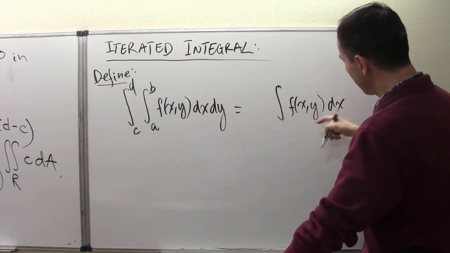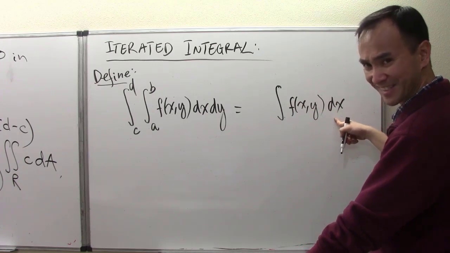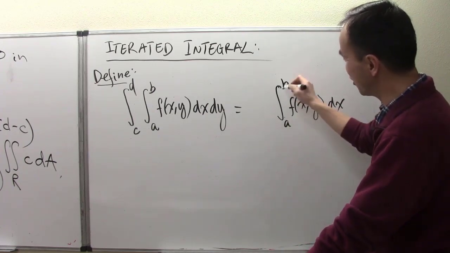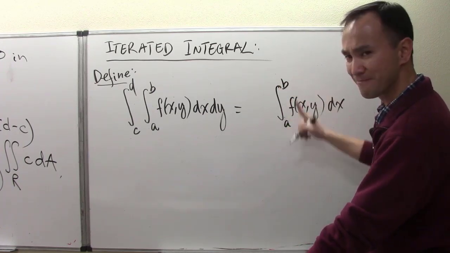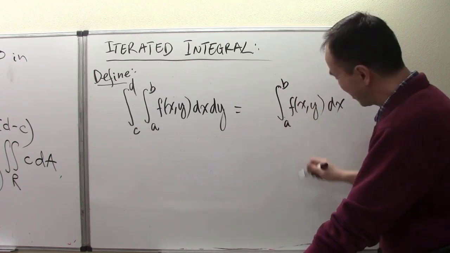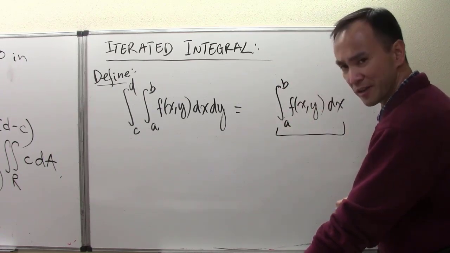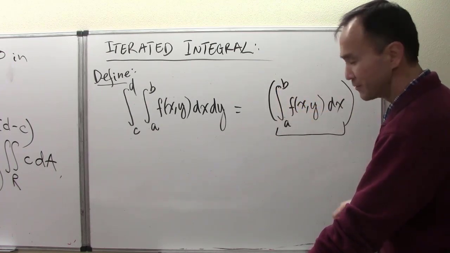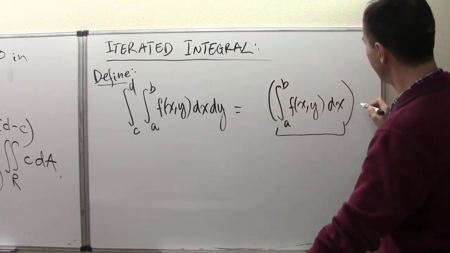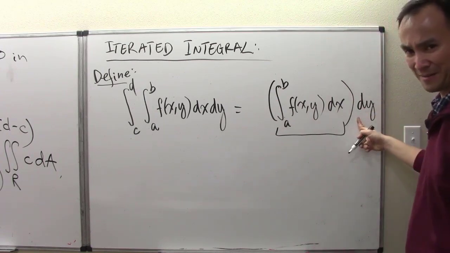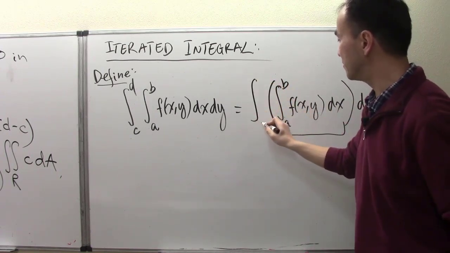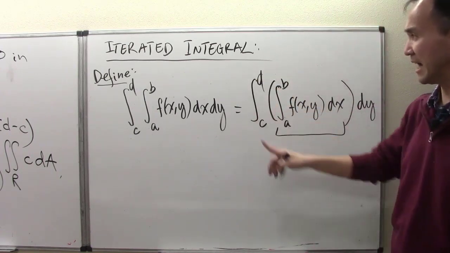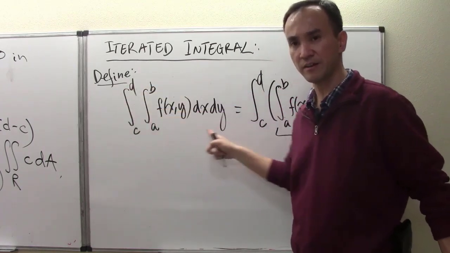I'm going to integrate with respect to x, which is why it goes along with the integral from a to b. So now it brings back Calculus 2 understanding. Once we're done with that, we integrate this outcome with respect to y, from c to d. That's how we define an iterated integral.